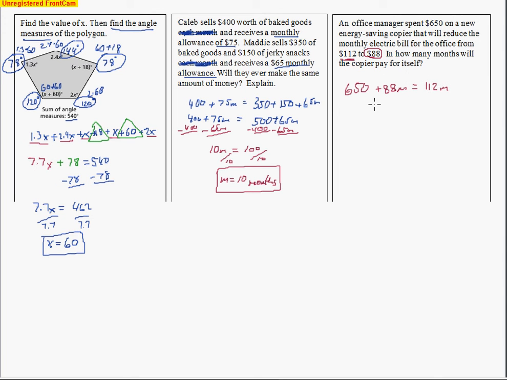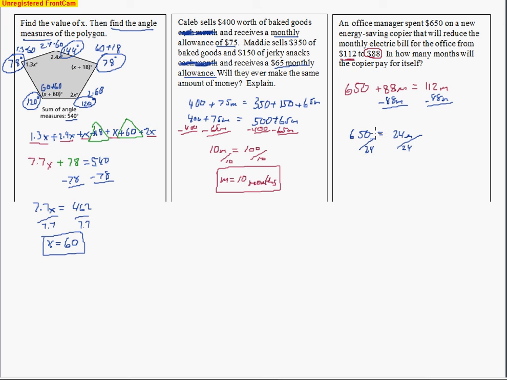And so from this point, we can go ahead and solve by just doing some opposite operations. So I'm going to take away the 88M from both sides, find out the difference of these two amounts. That leaves me with the 650 still equals, do the subtraction, I'm left with 24M. And I'll divide by 24.